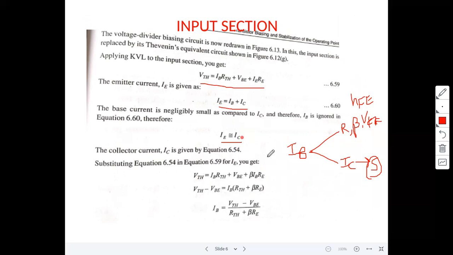Then replace IC again, why? Because we are expressing IB in terms of resistors, beta and supply voltages or Thevenin voltages. So IE is replaced with IC, and IC is again replaced with beta times IB.